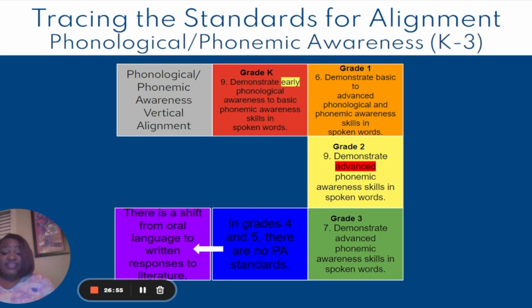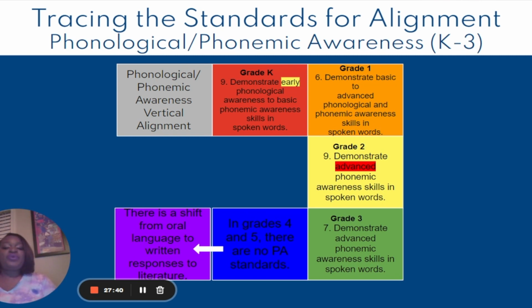There may be a need for our 4th and 5th grade teachers to intervene on our students' behalf in an effort to strengthen that literacy foundation. 4th and 5th grade teachers and students do have phonics standards. If they are weak in their phonological or phonemic awareness areas, then it's going to show up when they try to decode those words in the area of phonics.